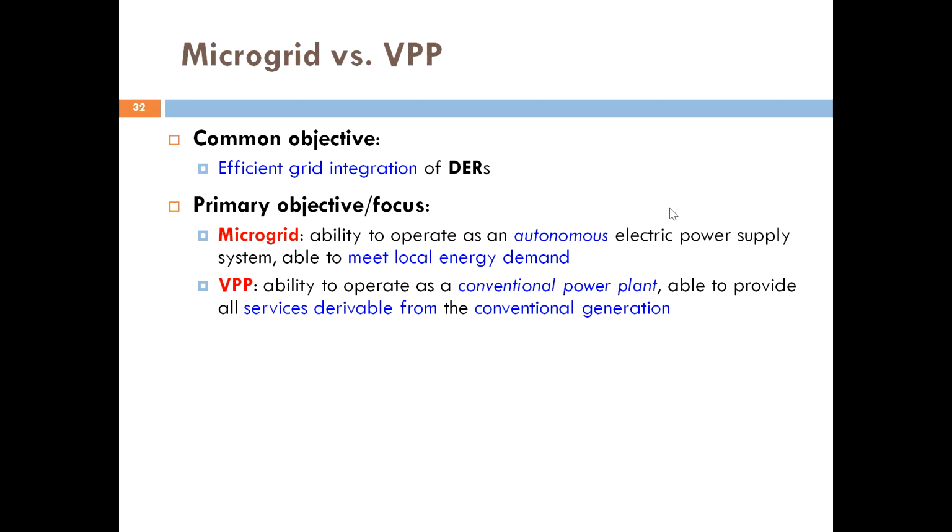It is more concerned about meeting local demand, and a virtual power plant is more concerned about more efficiently integrating DERs into the grid, so that we really cannot distinguish between a conventional large-scale traditional power plant and an aggregation of distributed energy resources. Okay, so that is an important differentiating factor between the two.